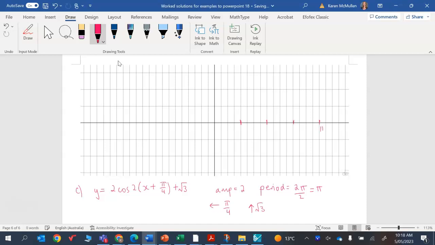If we've got pi there, pi on 2, pi on 4, 3 pi on 4, my scale is already pi on 4, so I don't need to change the scale here. If you like to, you can always just use pi on 12. Up to you, what works for you.